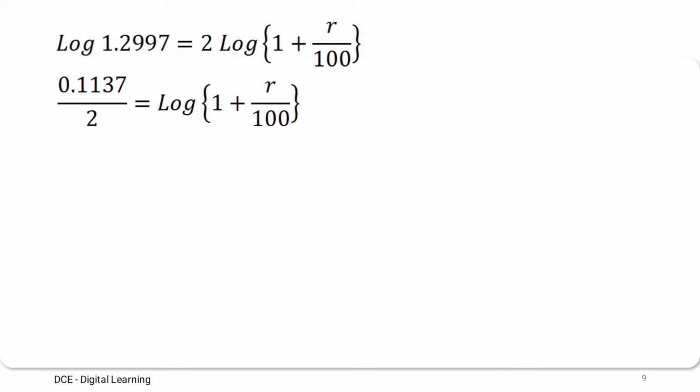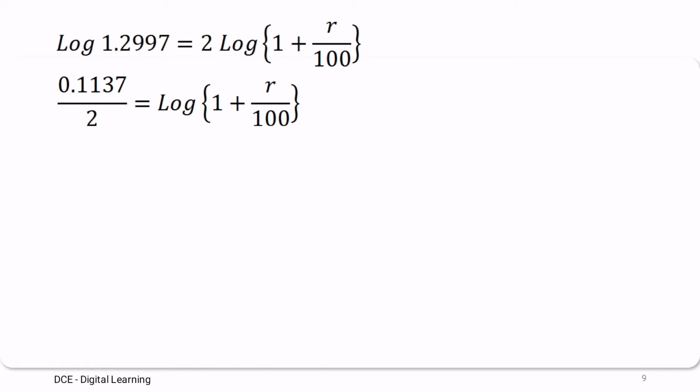Now log for 1.2997 is 0.1137. Now 2 goes from right hand side to left hand side and becomes division by 2 on the left hand side.